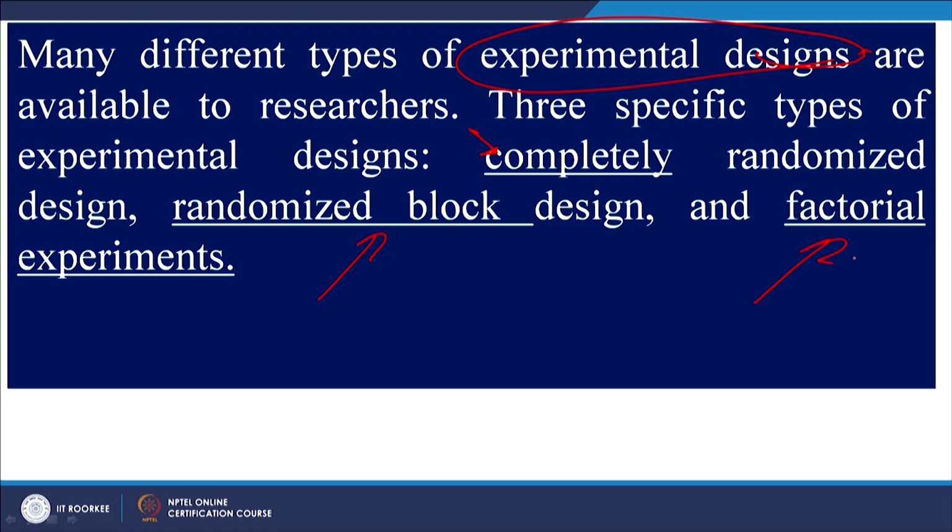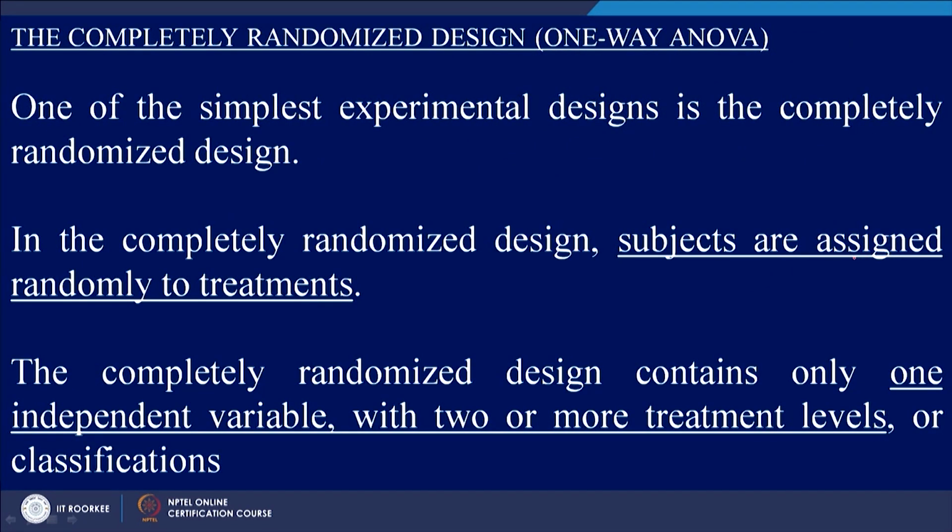Let us look at what is completely randomized design. We will use one way ANOVA to find out the outcome of this design of experiment.